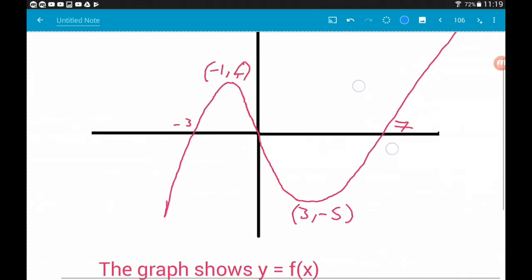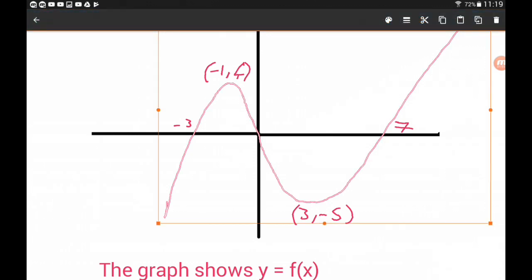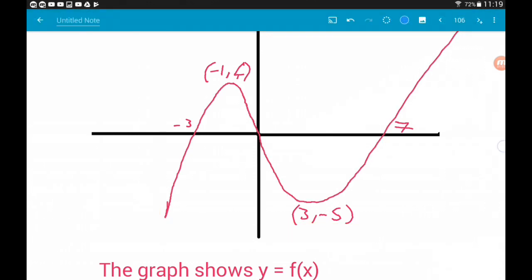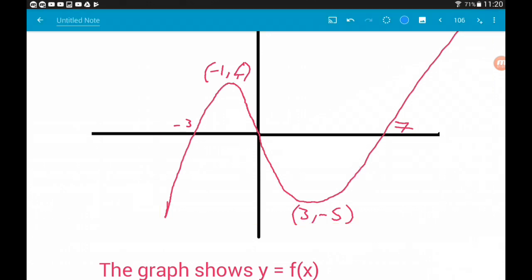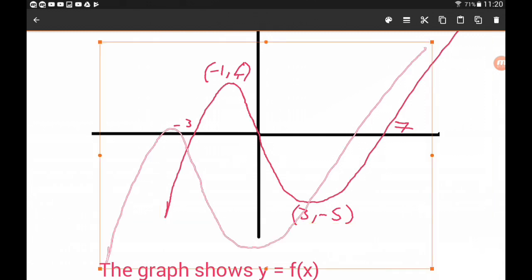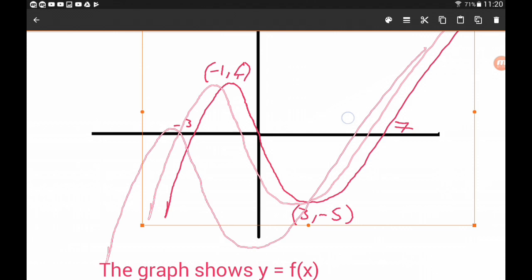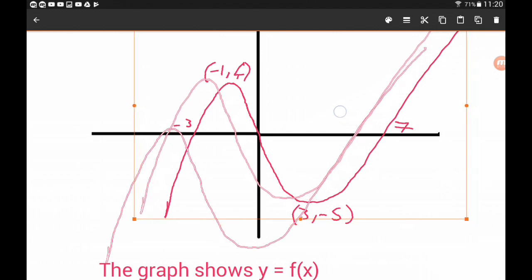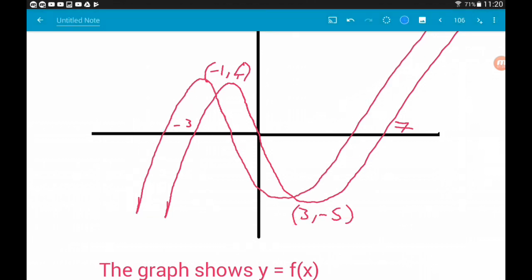So our graph is just moving 2 places to the left. Doesn't want to play ball with it. Right. Okay, so it's not moving up or down at all. So it's going to look something like that.